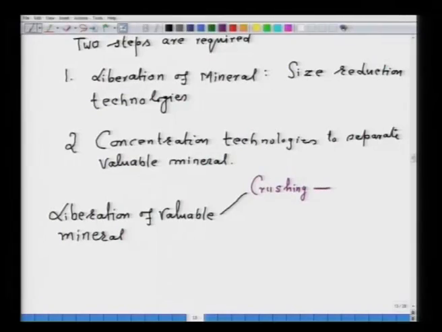So, the first step is crushing, and crushing is followed by screening, so that you can remove the oversize from the undersize. Undersize means the product which is acceptable for further size reduction technologies.